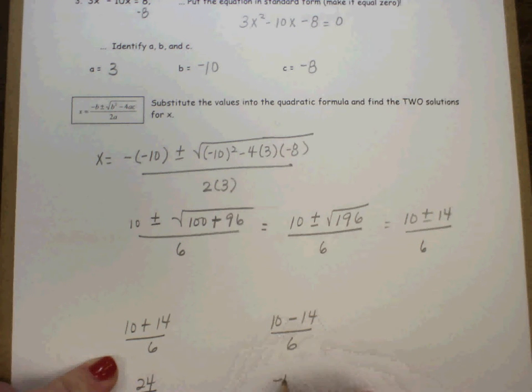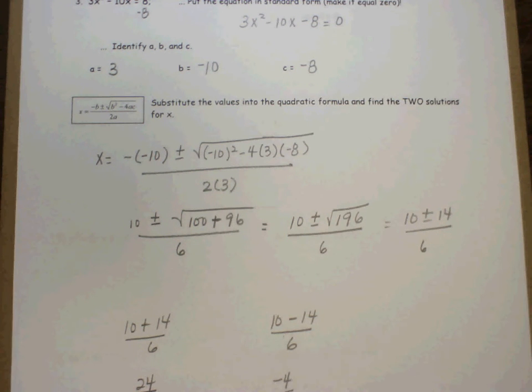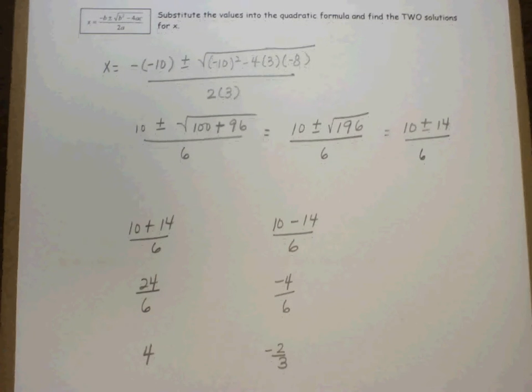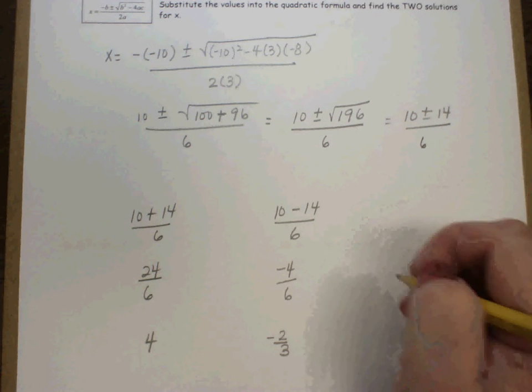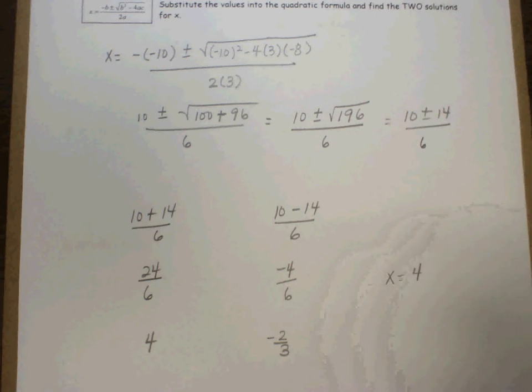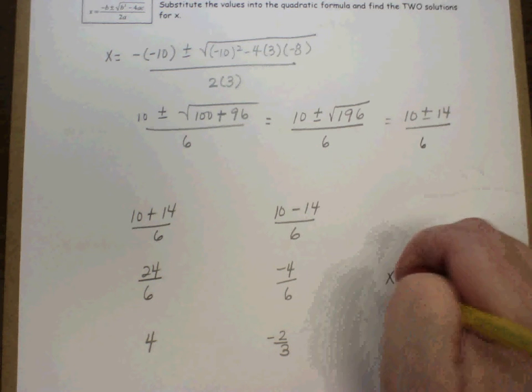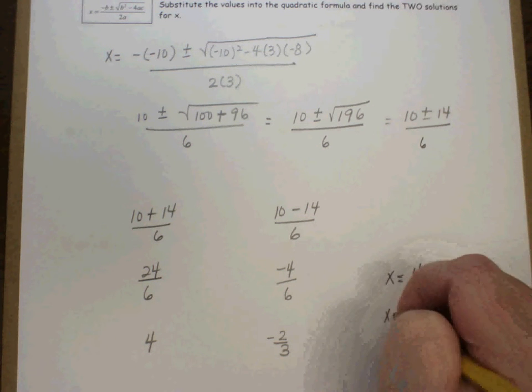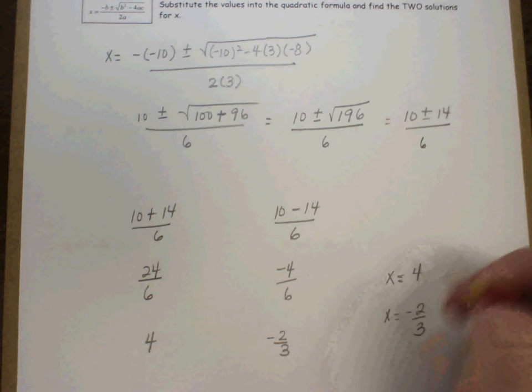And negative 4/6 can be simplified to negative 2/3. All right, so what are my x's? What are my zeros? Zeros of the function, or x-intercepts? X equals 4, or x equals negative 2/3.